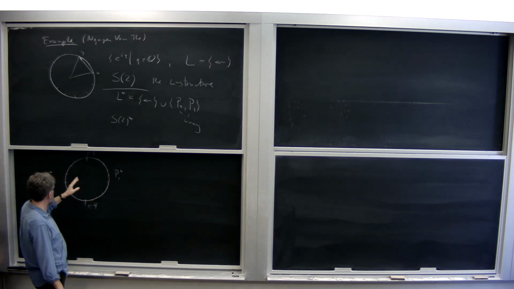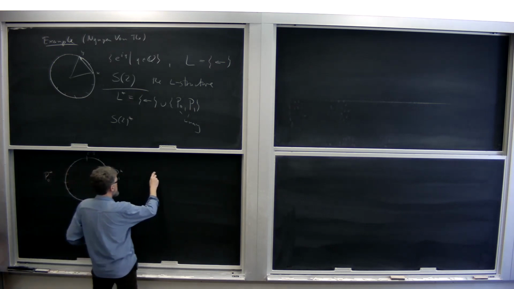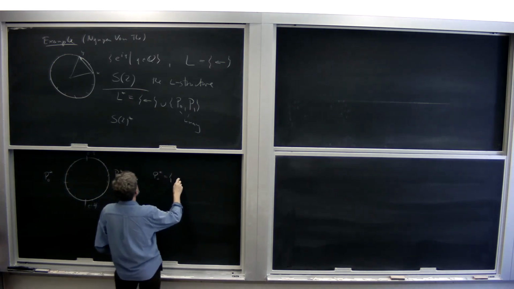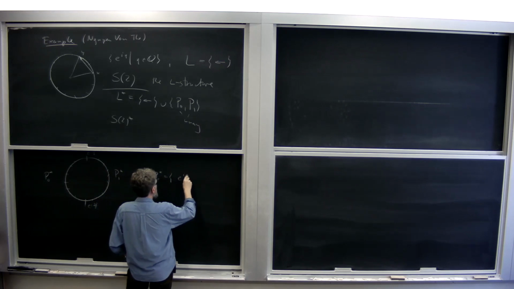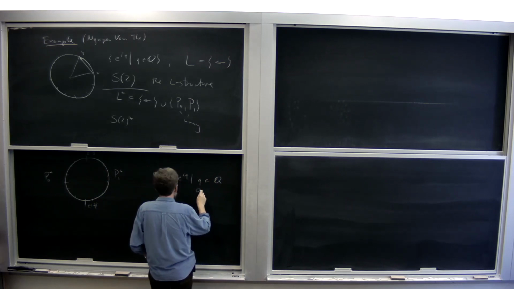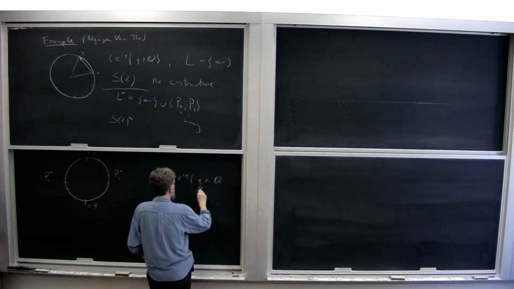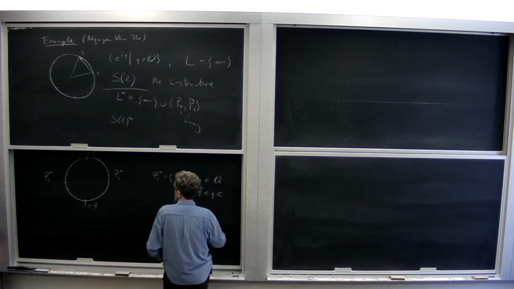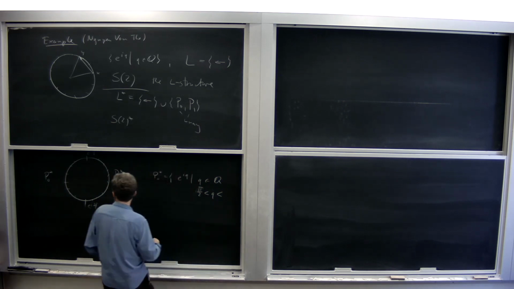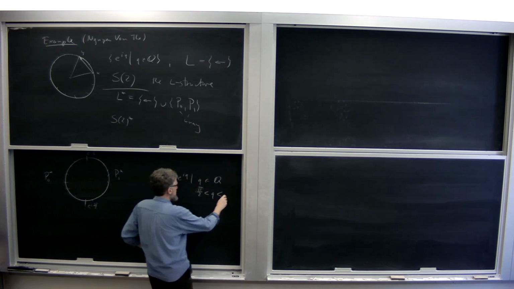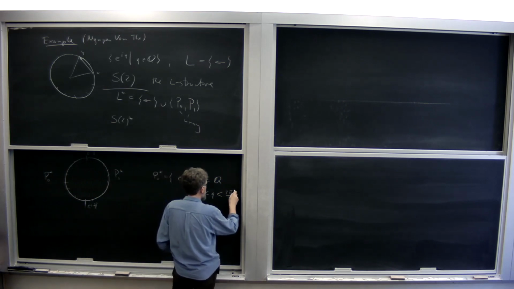So let me write: P0 star consists of points of the form e^{iq}, q in Q, π/2 less than q less than 3π/2.